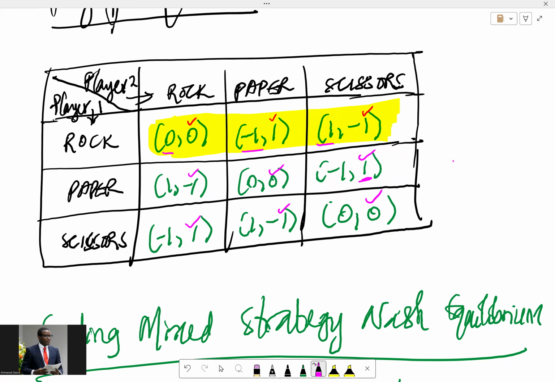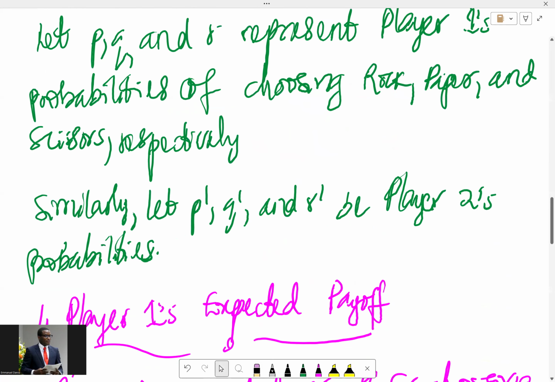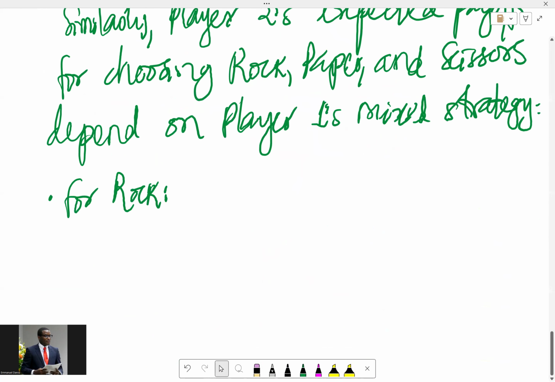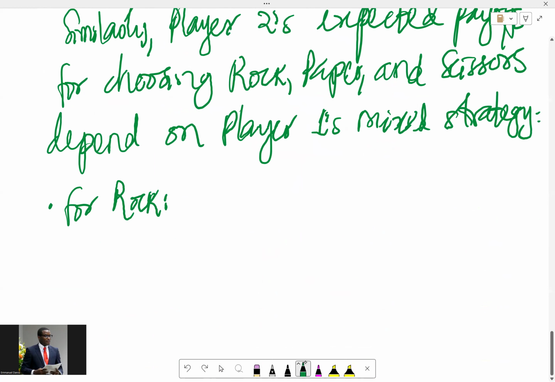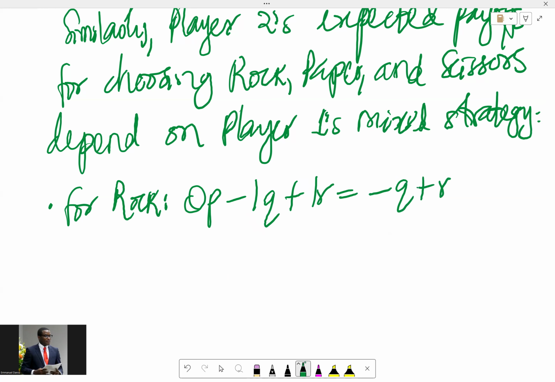In that case, that means that we have 0p plus 0 minus 1, 1, right? So that's 0p minus 1q plus 1r. Okay. 0, minus 1, 1. And that will be simply equal to minus q plus r, because of course this is 0, right? So that's minus q plus r.